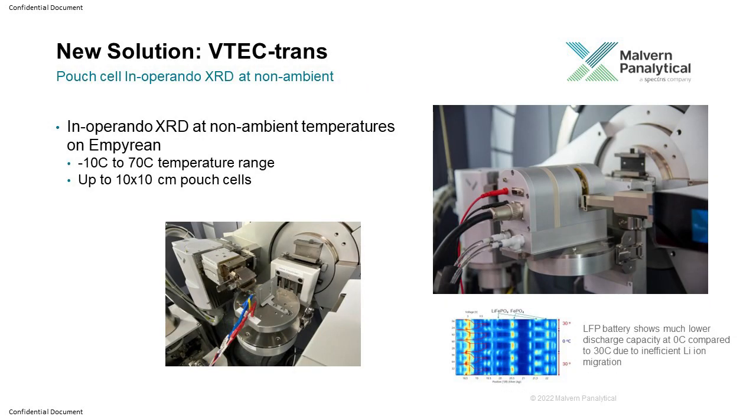Now on our XRD platform, we also offer new stages for in operando XRD, and that is the variable temperature stages. Say you are working on a new battery material, and you make the battery, do in operando cycling and other tests, and you find that at room temperature your battery material gives very good performance with cycling.